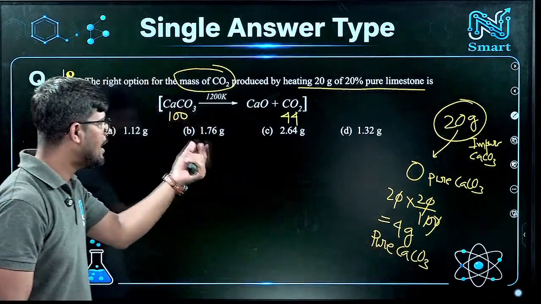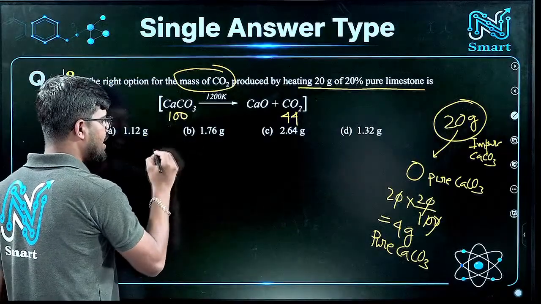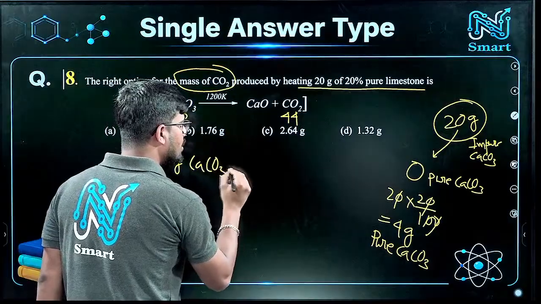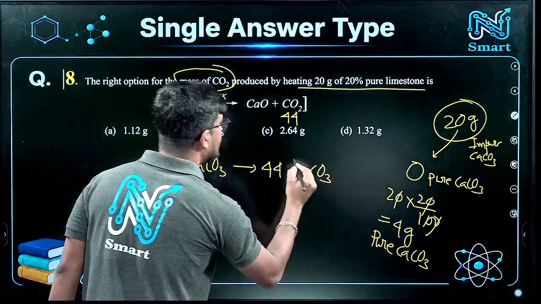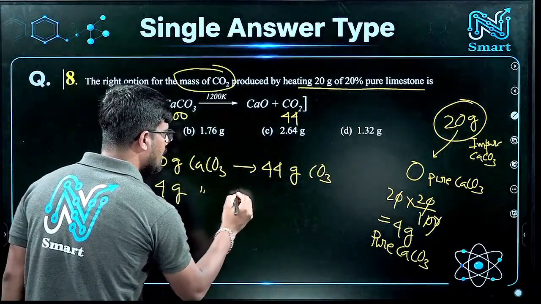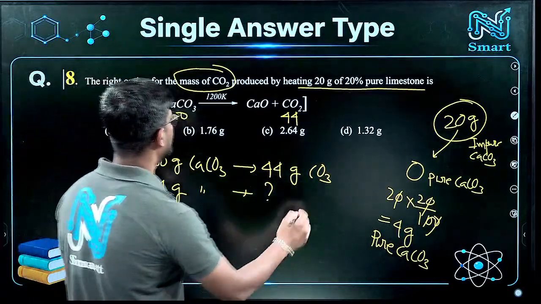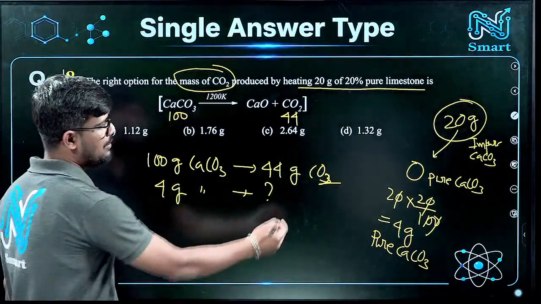Now, if you have 100 gram calcium carbonate, you get 44 gram CO2. We have 4 gram of CaCO3. What will be the quantity of carbon dioxide?